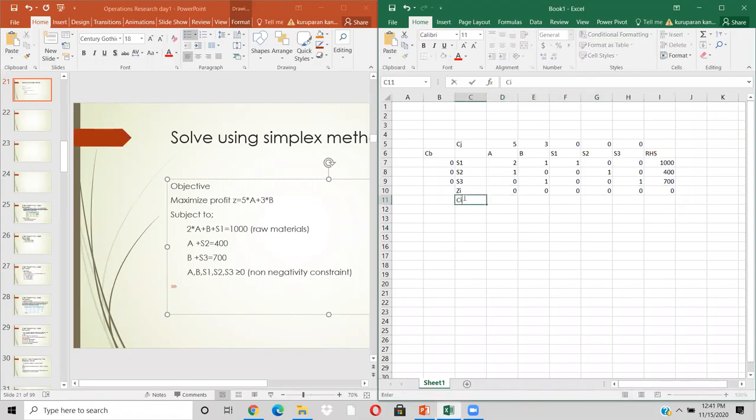Then how to find Cj minus Zj? Cj is 5, minus Zj for this, which is 0, equals 5. For this one, the value will be 3.